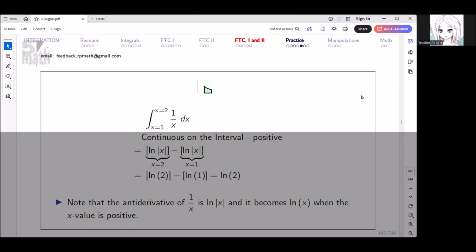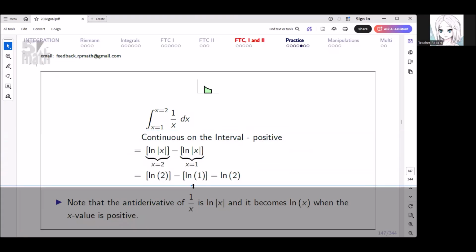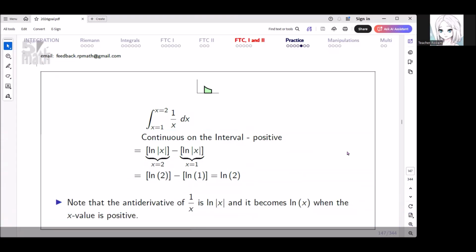The integral from x equals 1 to x equals 2 of 1 over x dx. We should get ln 2. Note that the antiderivative of 1 over x is ln absolute value x, and it becomes ln x when the x value is positive.